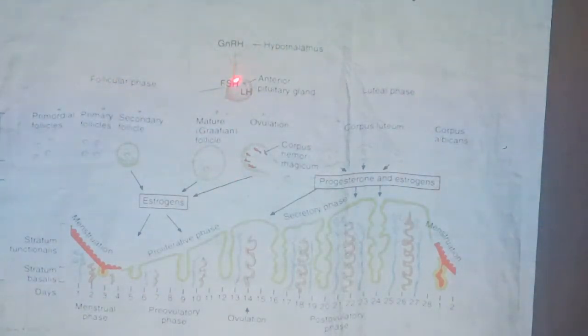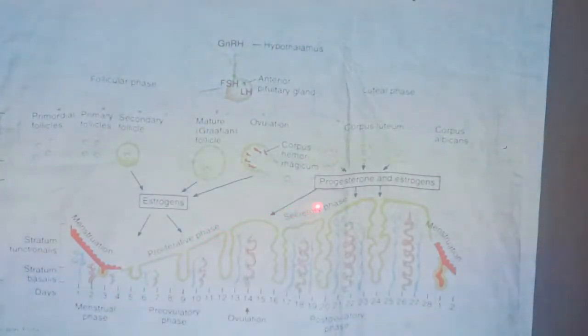Now here we will see that the LH acts upon this mature Graafian follicle and releases the ova. That ova is received by the fimbriae inside the fallopian tube, and they ultimately go to the uterus for further development or the fertilization.